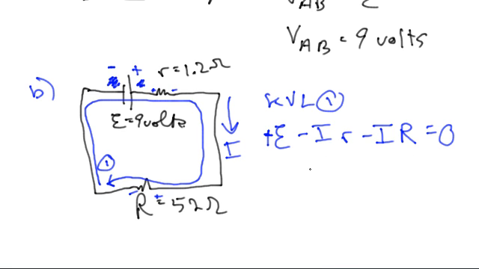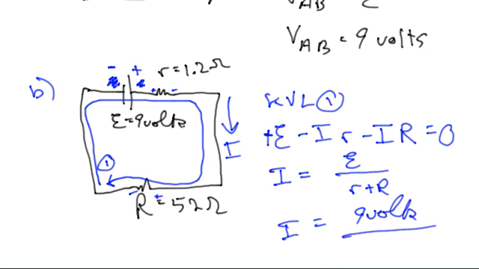Alright, then everything's cool. Solve that for I. Script E divided by r plus capital R. So I is 9 volts divided by 1.2 ohms plus 52 ohms.